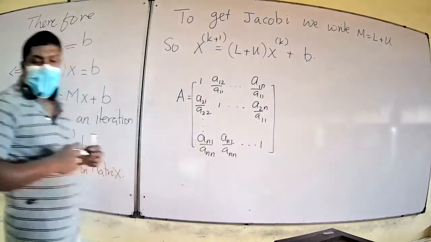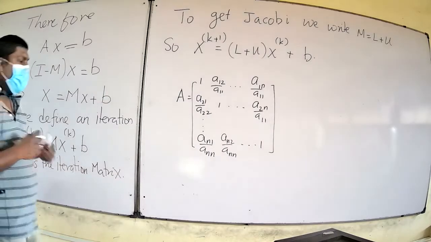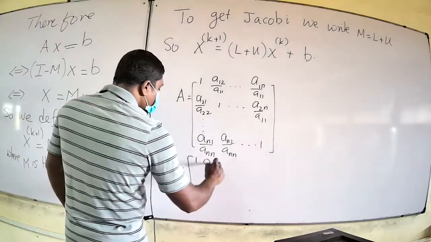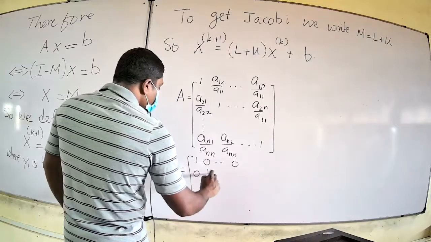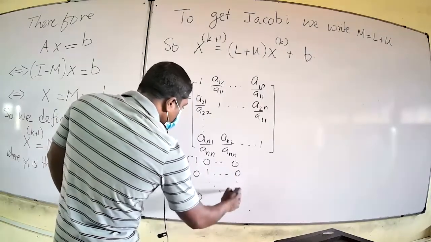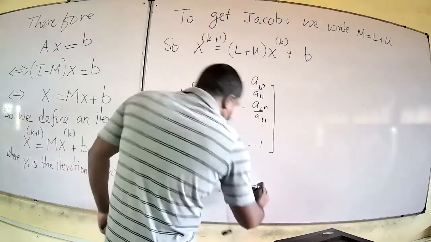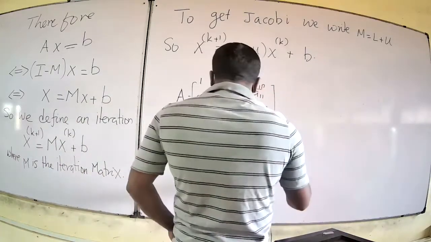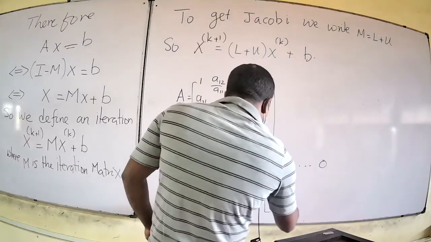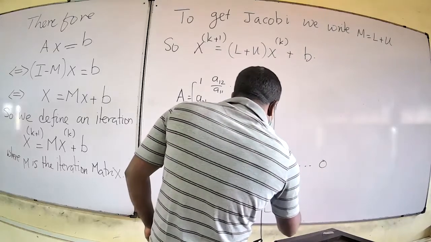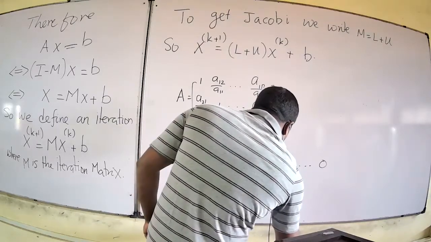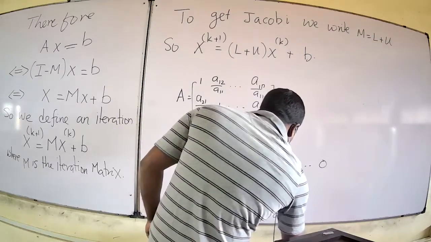This is your A. You write this as I, which is 1 0 0, 0 1 0, all the way up to 1, minus L, which is 0 0 all the way up to 0, minus A21 over A22, all the way up to minus AN1 over ANN.